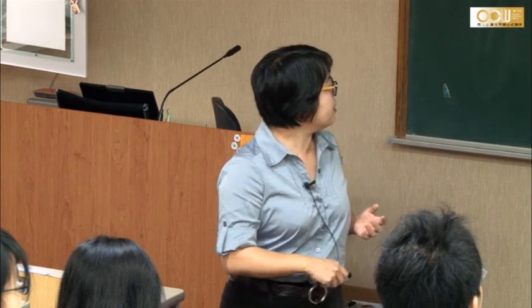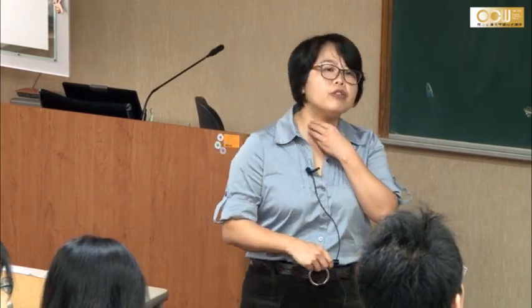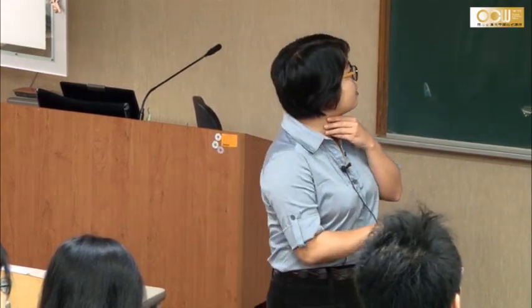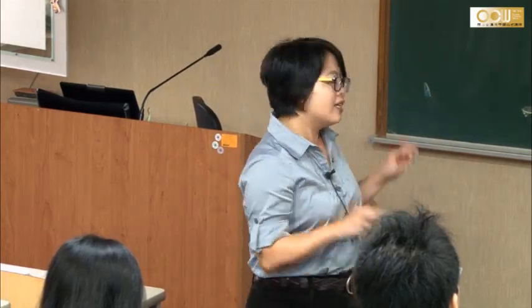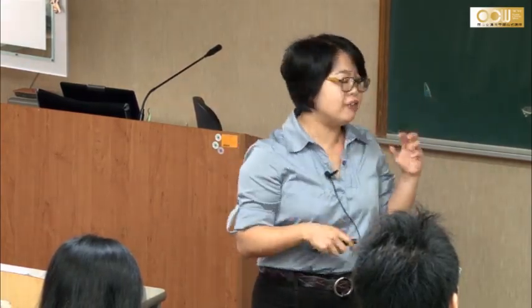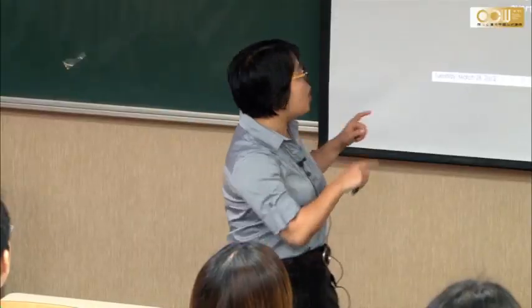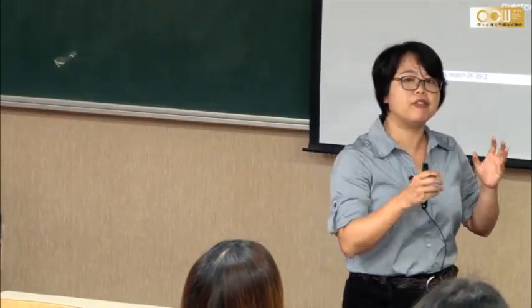And then we learned that when your vocal folds are vibrating, there's actually a lot of overtones. Your vocal folds don't vibrate like a pure wave that you can create in a physics lab. It actually has many companions, many friends coming along with it. They are whole number multiples of your fundamental frequency.